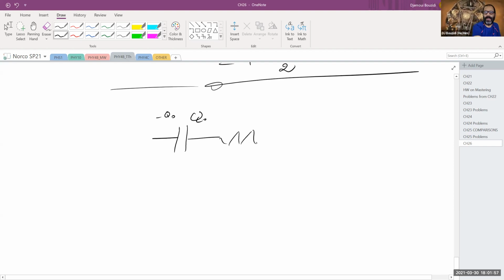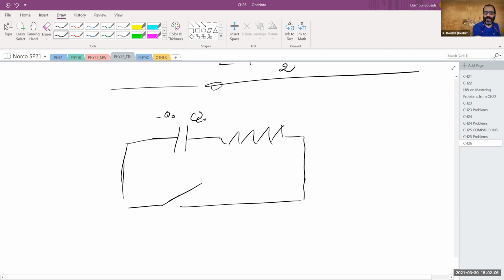I'm going to put a switch now. When I close the switch, at t equal to 0, Q is equal to Q naught, and this is R. I expect I to be equal to 0 because the switch was open, so there was no current in it.